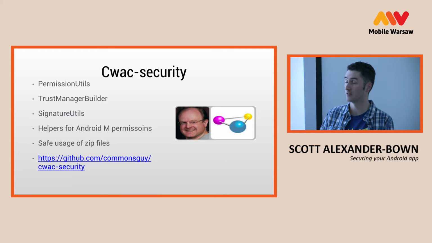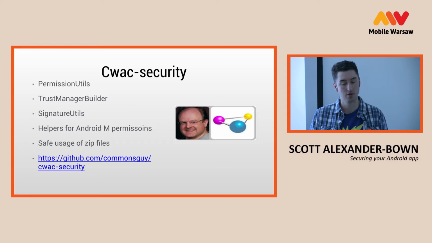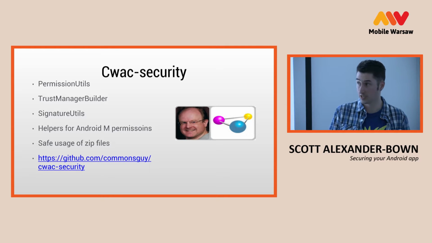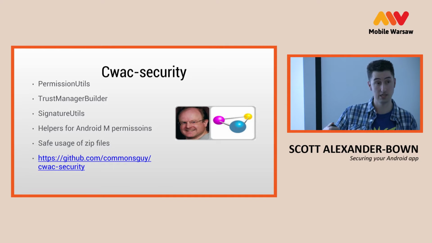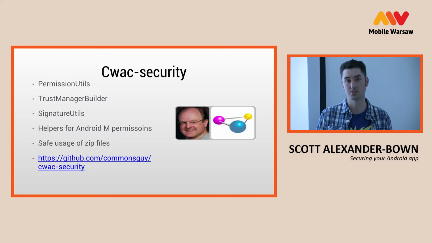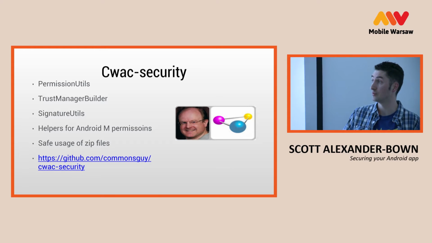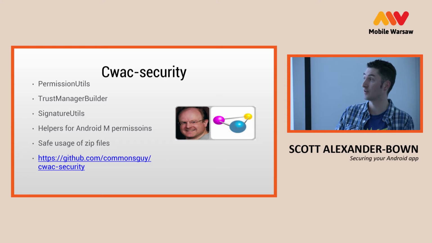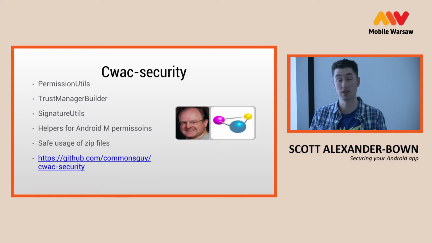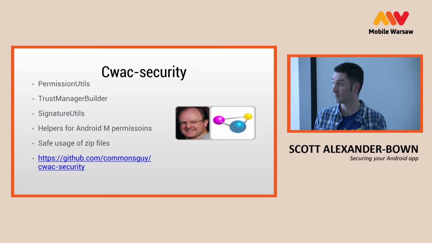And that's all based on the fact that apps are signed with a key, and that key and that signature stays consistent for the life of the app. So if you were verifying against the Facebook app, you could say for sure that signature should be the same always.